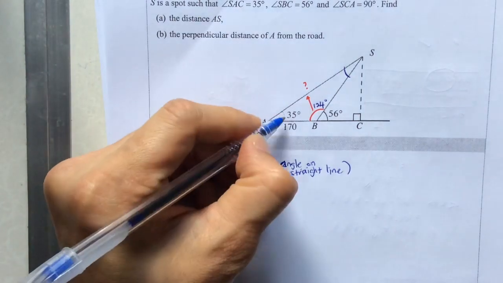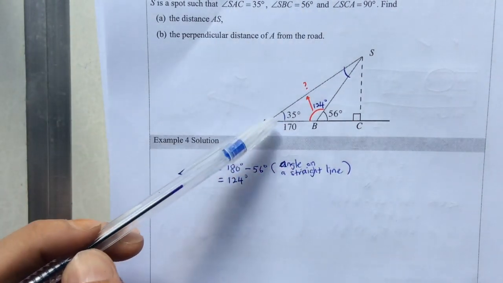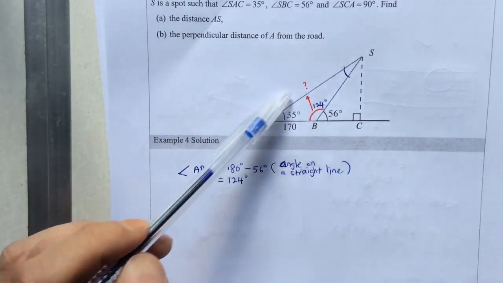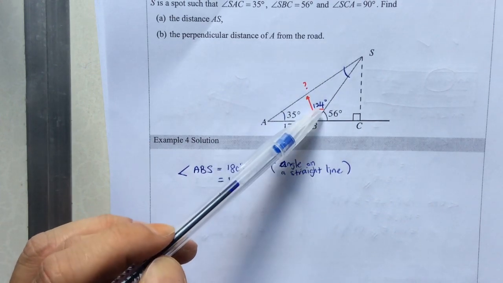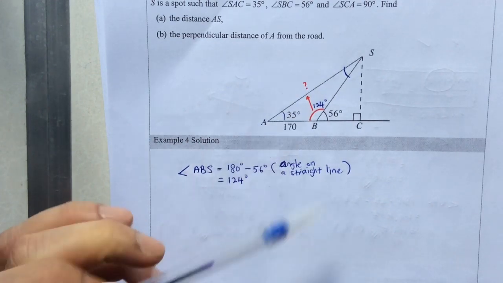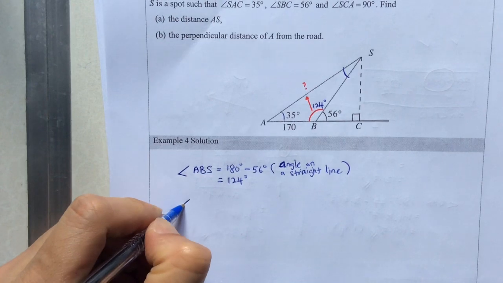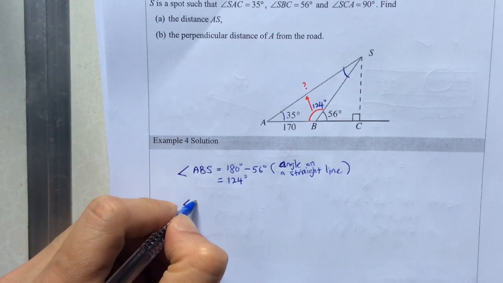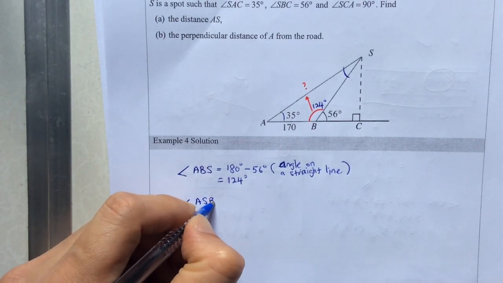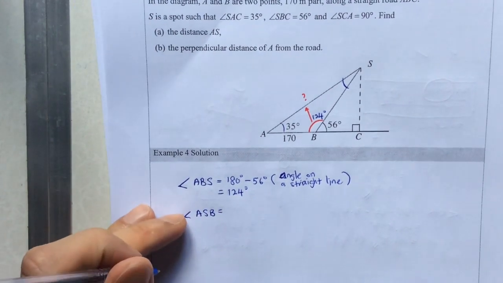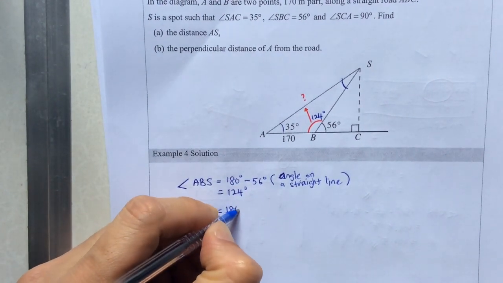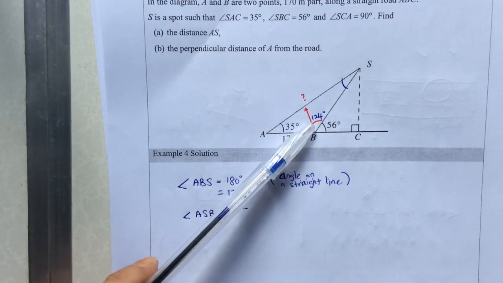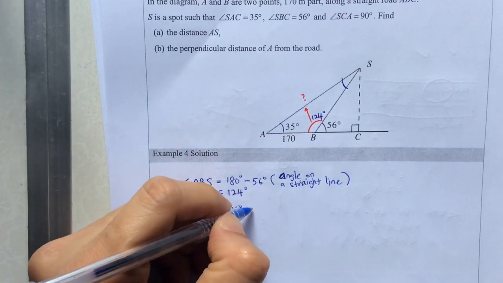So 180 degrees, which is the sum of the triangle ABS, minus 124 and minus 35 degrees. So angle ASB is equal to 180 degrees minus 124 minus 35.